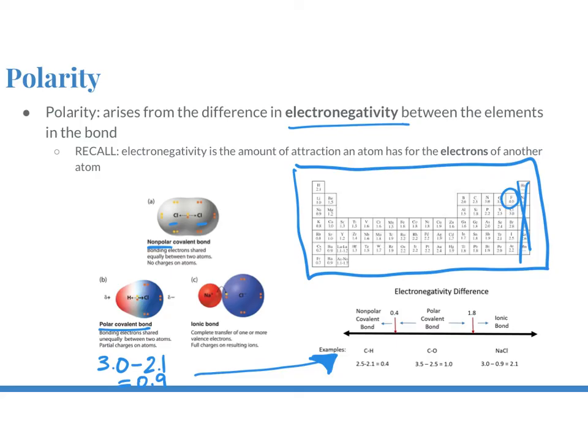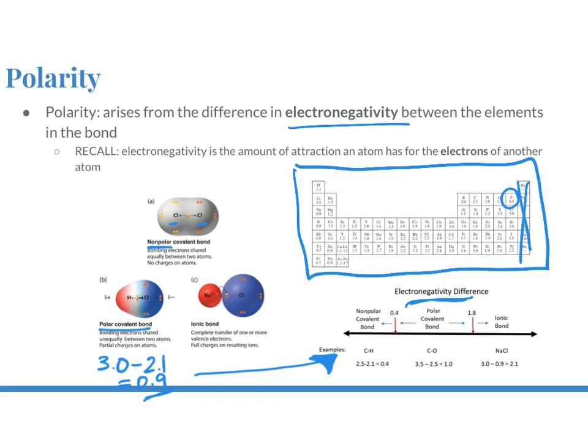Our bonds don't say, okay, I'm ionic, I'm covalent, but we can categorize them as being nonpolar covalent, polar covalent, and then obviously ionic is super duper polar because you are completely transferring your electrons there. So with these covalent bonds, you can see that our value for the difference in electronegativity was 0.9, which puts us into this polar bond category here.